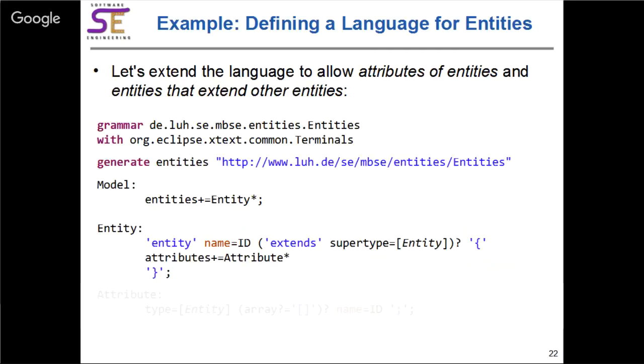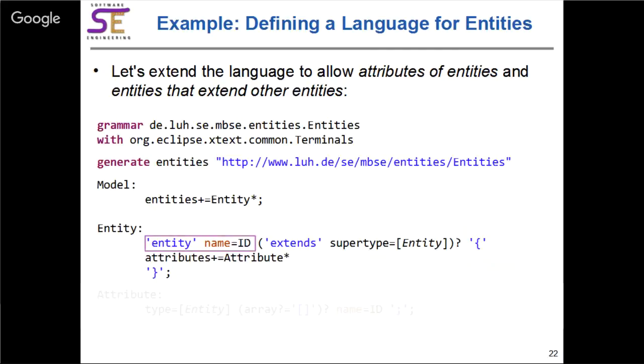So this here, attributes plus equal attribute star, is very similar to what we had before. There is a reference attributes of entity, which gets assigned a list of attributes that you parse after the opening curly bracket. And then there should be a closing curly bracket, and the semicolon marks the end of this entity rule.